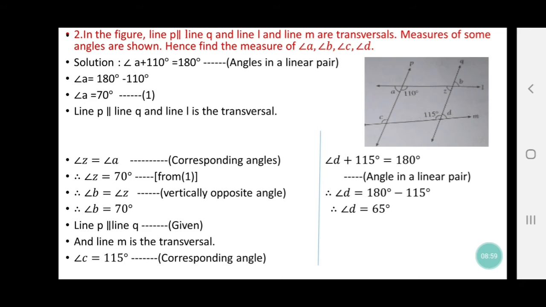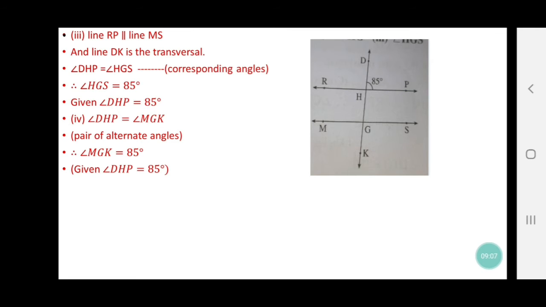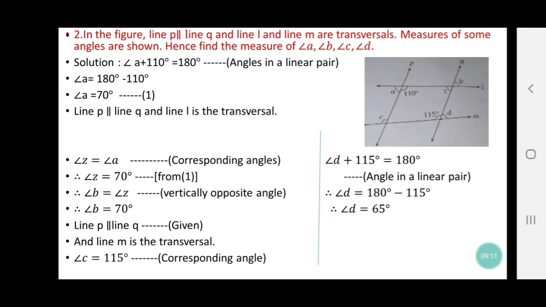So the measures of some of the angles are shown over there. And we have to find out the measure of angle A, angle Z, angle C, and angle D. For angle Z, we have considered to calculate angle B. Okay.